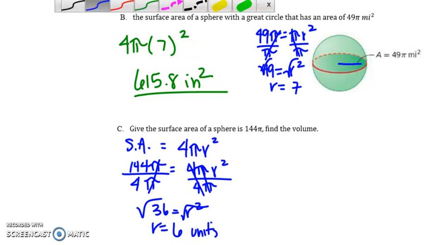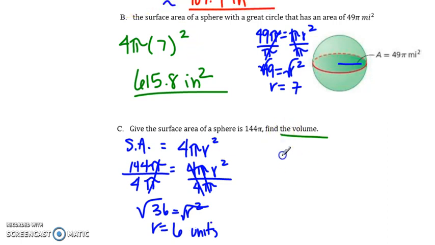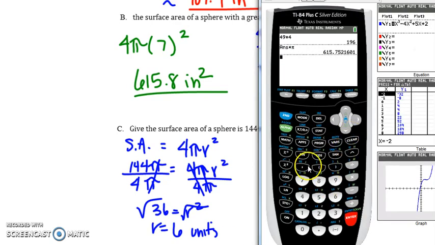So if we're going to go ahead and find the volume, we're going to use our 4/3 pi r cubed formula that we used on the prior examples, and we are going to plug in 6 for our radius. So 4/3 pi times 6 cubed, and let's go ahead and pull up our calculator. 6 to cube it, and then times pi, times, and then I'm going to do parentheses 4/3.